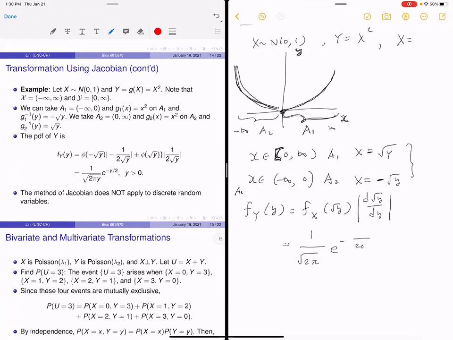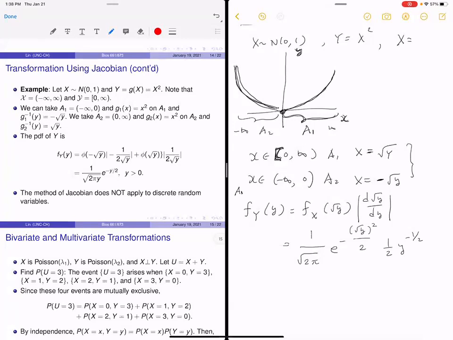Sigma squared is 1, so I actually don't have to put it in. X squared, plugging in square root of y, becomes y. And then you work on the Jacobian, which is 1 over 2 square root of y.